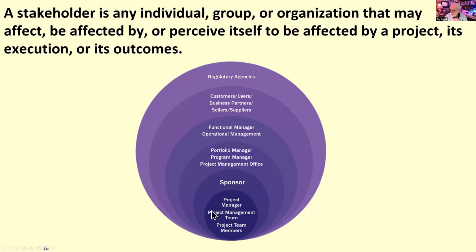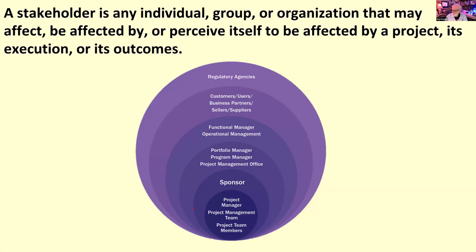But anyway, the project manager and the project team are the core stakeholders. Then we have the project sponsor or the sponsoring organization, and then portfolio group, program management, program office, functional management. Then we have customers, and then we have regulatory agencies.